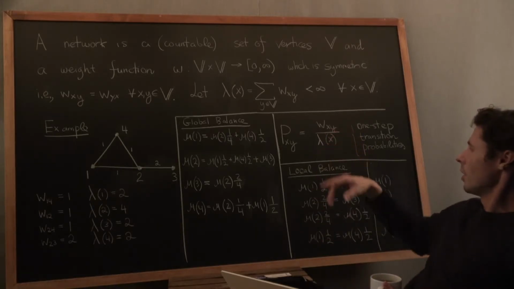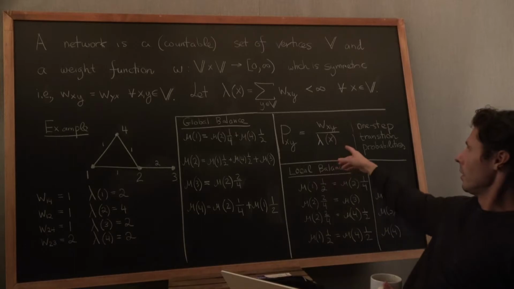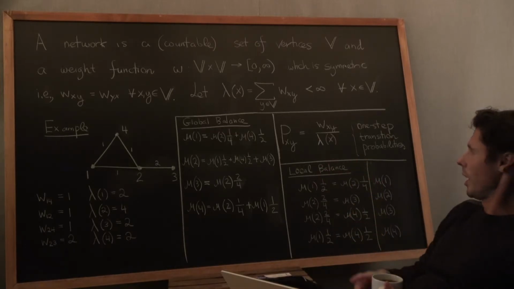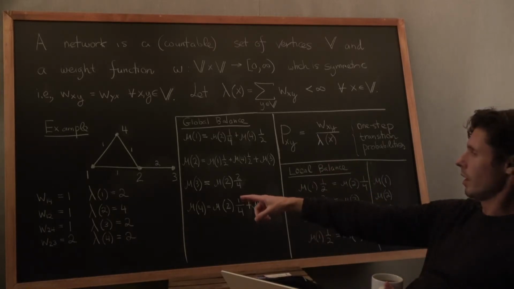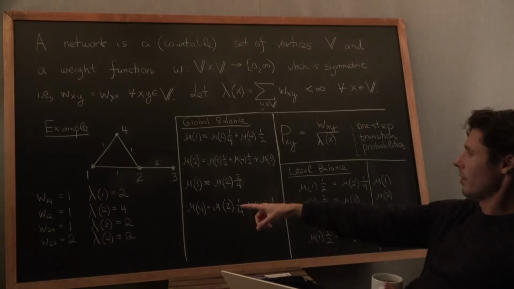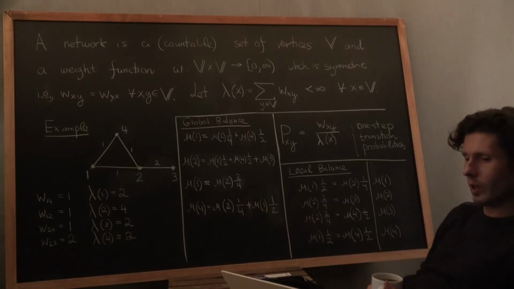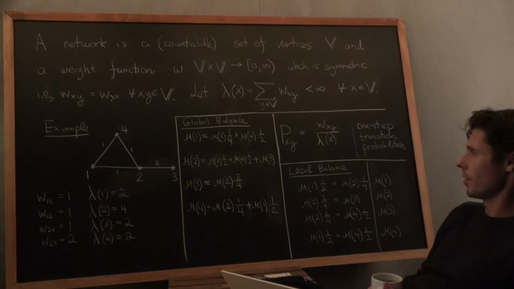It has a weight of 2, and lambda of 3 is 2, so you have a probability 1 of making a step from 3 to 2. So starting at 3, the Markov chain always moves to vertex number 2.